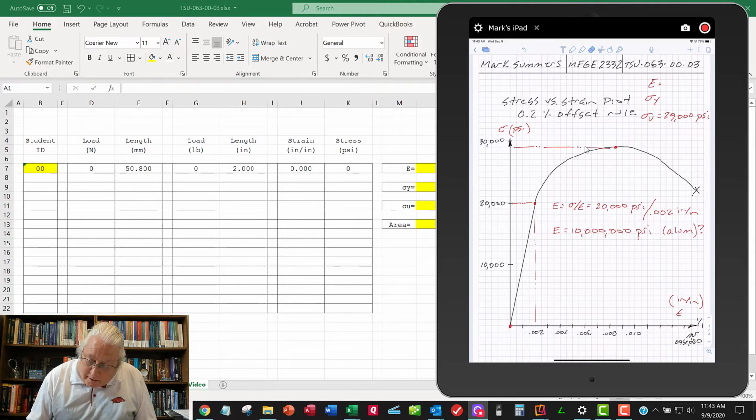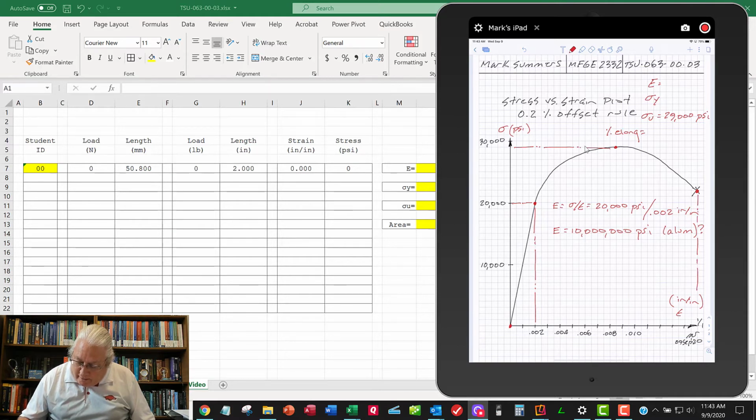Another property that we didn't talk about, I didn't write down here, but we also might want to know is percent elongation. And you'll remember that percent elongation is just strain at failure, and so failure is right here. And so again, if I walk down to the x-axis, this is 0.015 strain, and it's percent elongation.